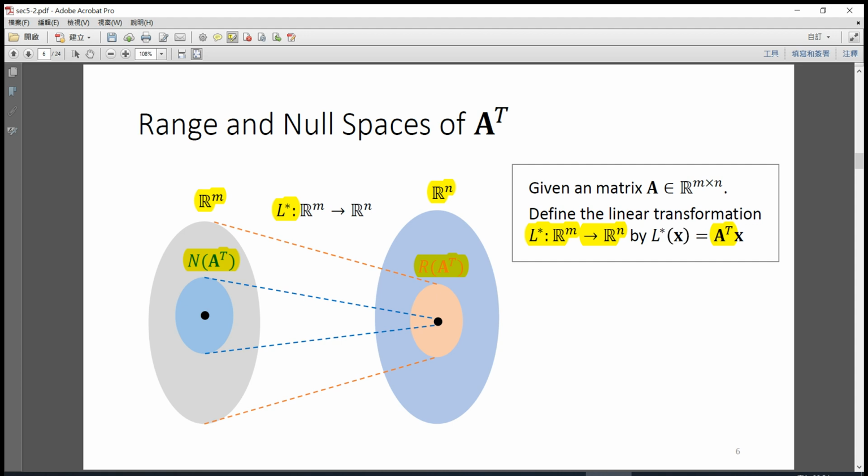And note that both the null space of A transpose and the range space of A transpose are subspaces, and so the null space of A transpose contains the zero vector in Rm, and the column space of A transpose contains the zero vector in Rn.